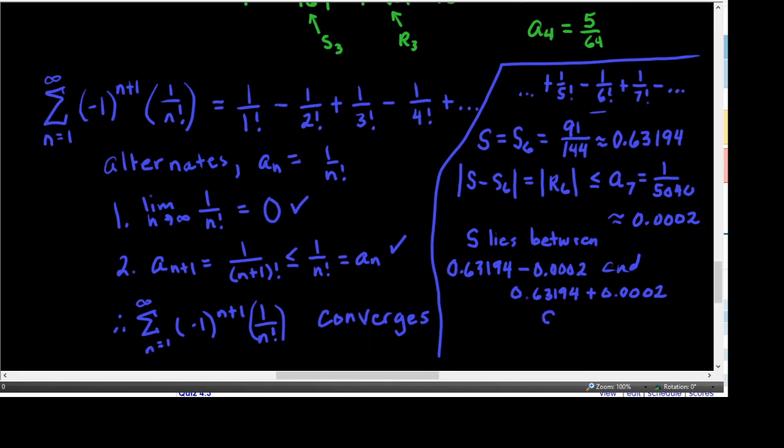In other words, S lies between 0.63174 and 0.63214. So we don't know what the sum is, and many times we cannot find the sum, but you can be very certain what it's close to. It's definitely between those 2 numbers for this problem. If we were rounding to 3 decimal places, both of those round to 0.632, which means with a lot of confidence we know that the sum is very close to 0.632.